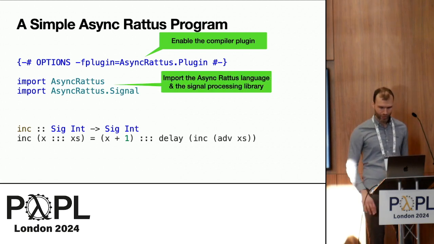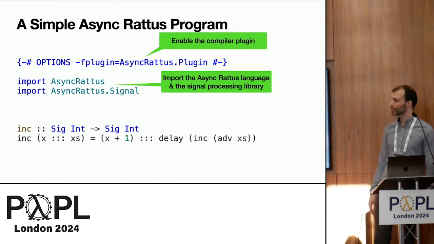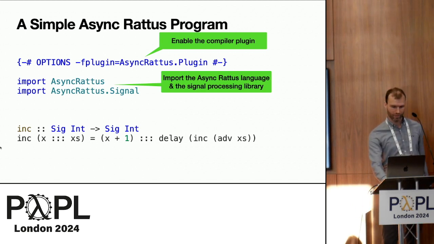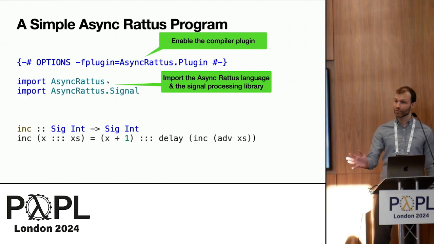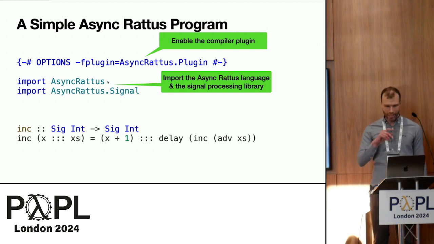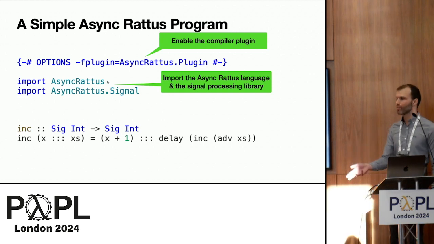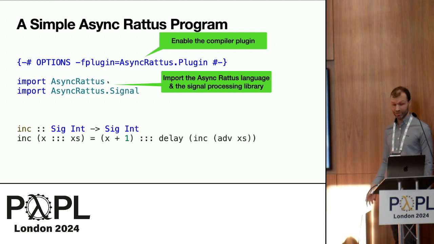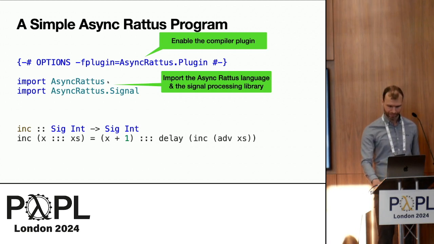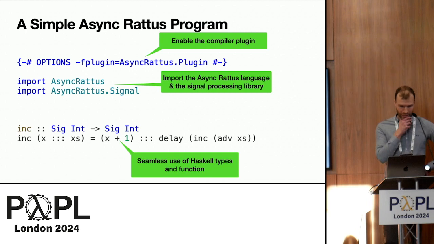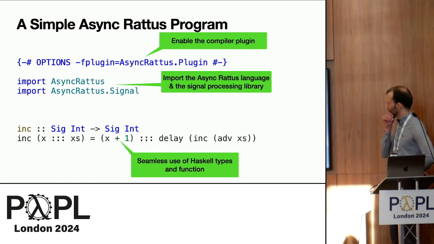First you import the actual language. The first import says, import the syntax of the language, so you have access to advance and delay. The second one imports the signal processing library, so we can now work with signals. And down here we implement the increment function that I showed you earlier.